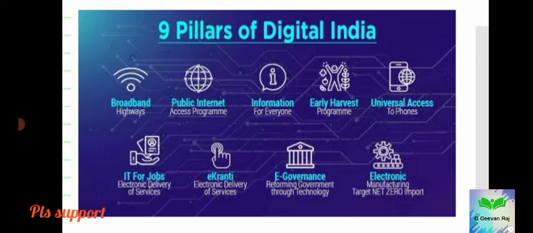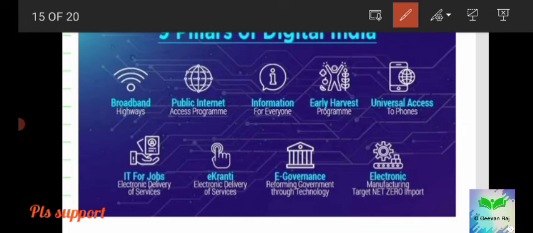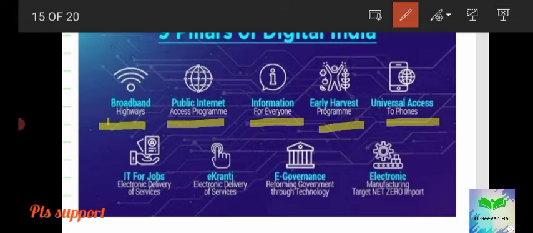Now let us look at the 9 pillars of Digital India. The 9 pillars are broadband highways, public internet access program, information for everyone, early harvest program, universal access to phones, IT for jobs, e-Kranti, electronic delivery of services, e-governance, reforming government through technology, and electronics manufacturing, target net zero imports.